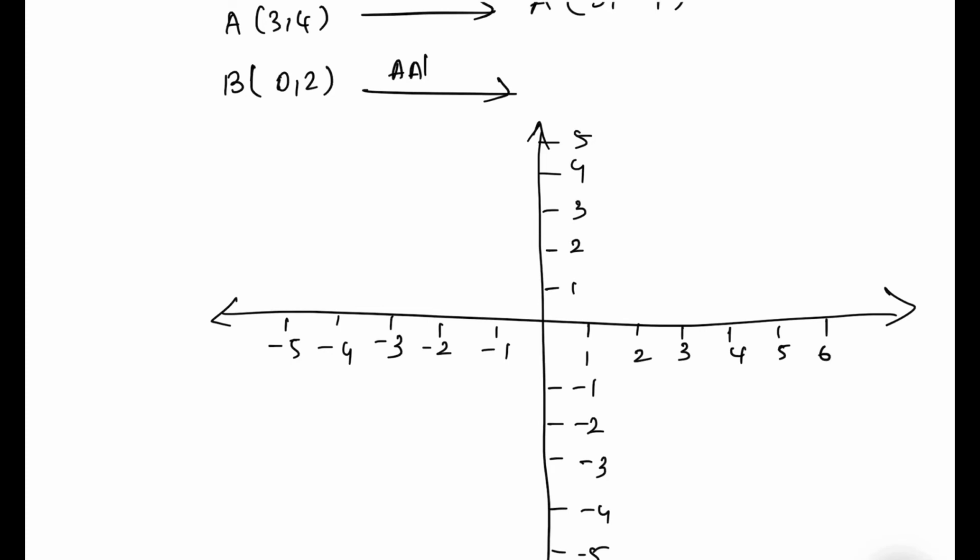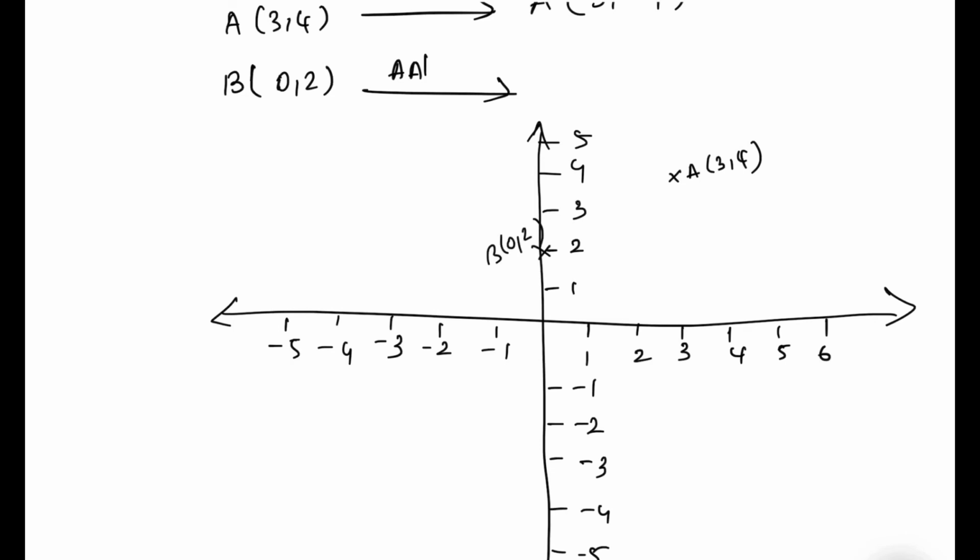The first point A we have 3, 4. So let me mark it. A is 3, 4 and B we have 0, 2. So B will be here.